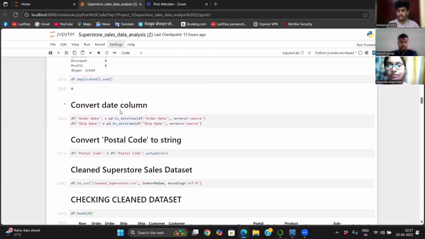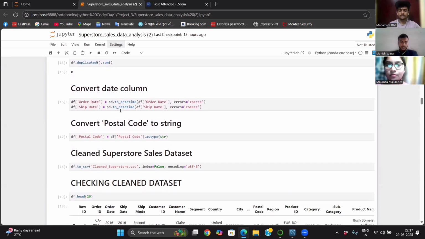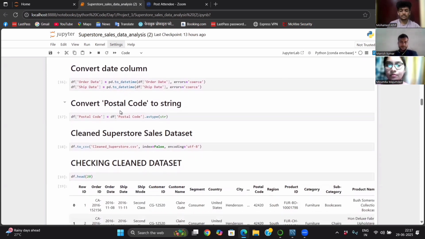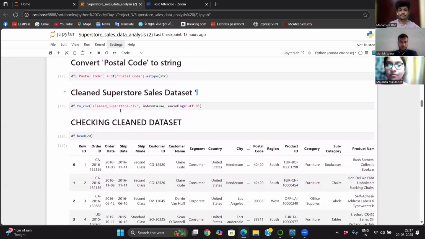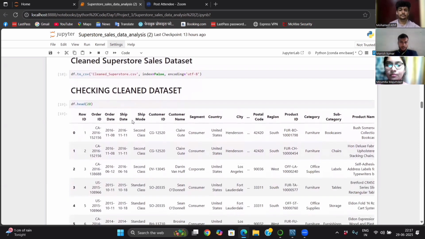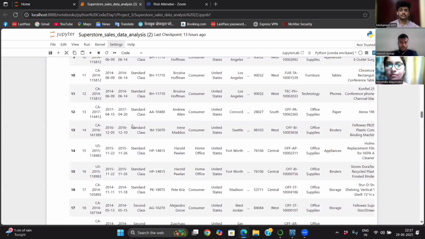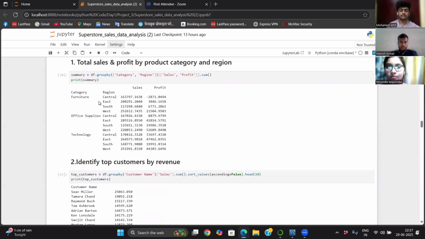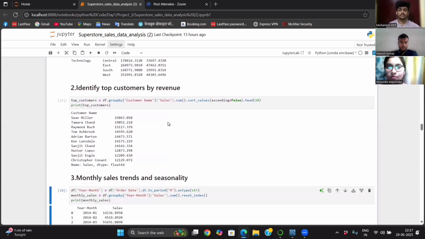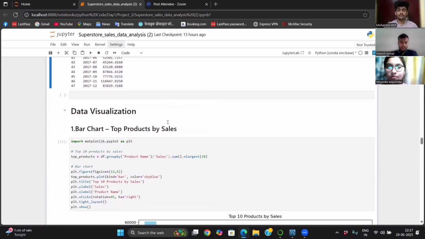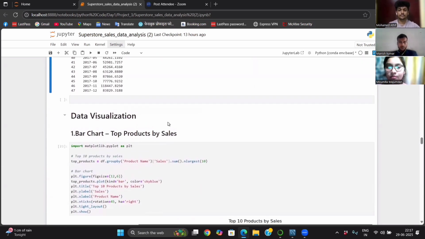After that we check whether duplicated values are present or not. After that we correct the datetime columns. After that we have fixed some important problems. You can see this. Now over to Muhammad Atif.